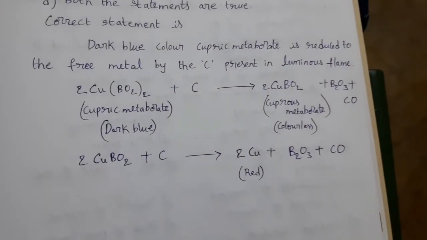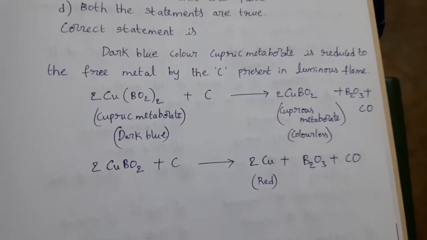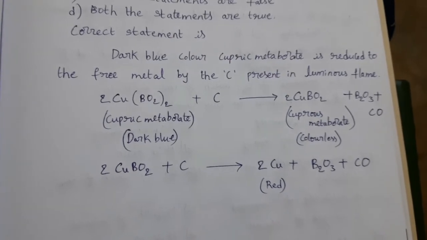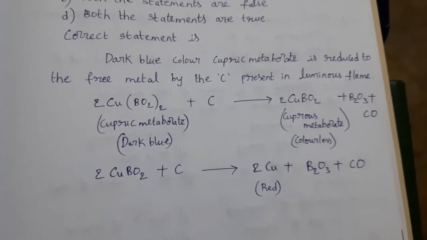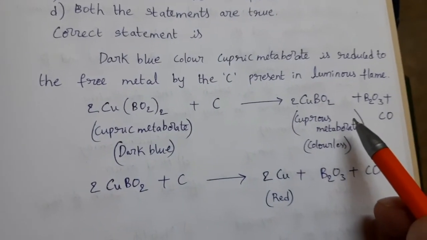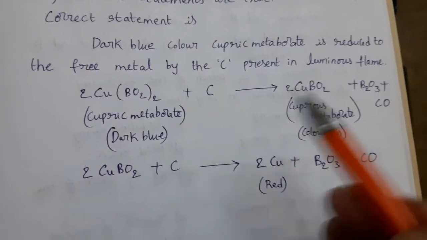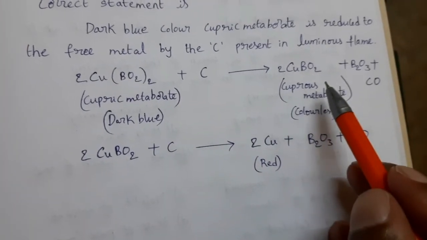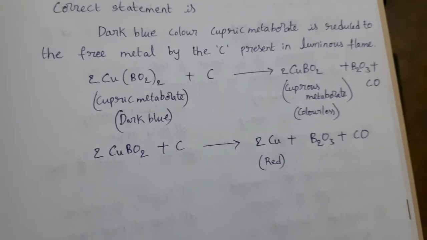So cupric metaborate has dark blue color. In the statement they gave colorless cupric metaborate, so statement 1 is wrong. Cupric metaborate is reduced to cuprous metaborate. It has dark blue color, it is colorless. Finally, cuprous metaborate is reduced to copper metal.